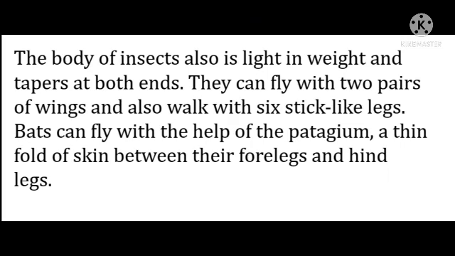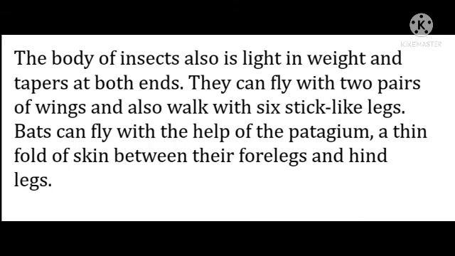Now students, we all know not only birds but also some of the insects fly. They also have wings. So, what are the adaptations in an insect to fly? Let's see. The body of insects also is light in weight and tapers at both ends.